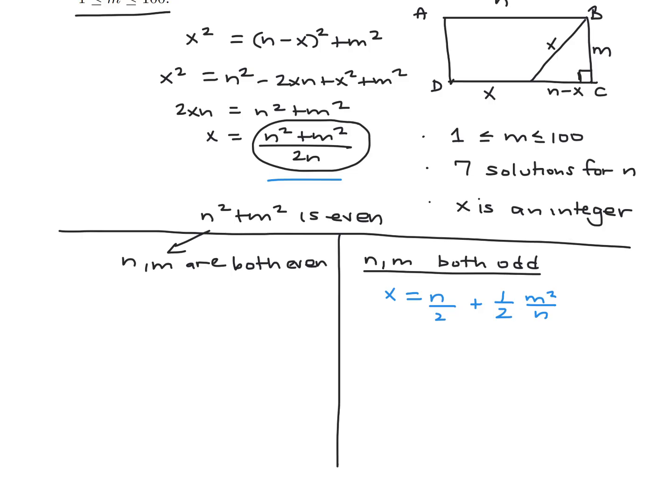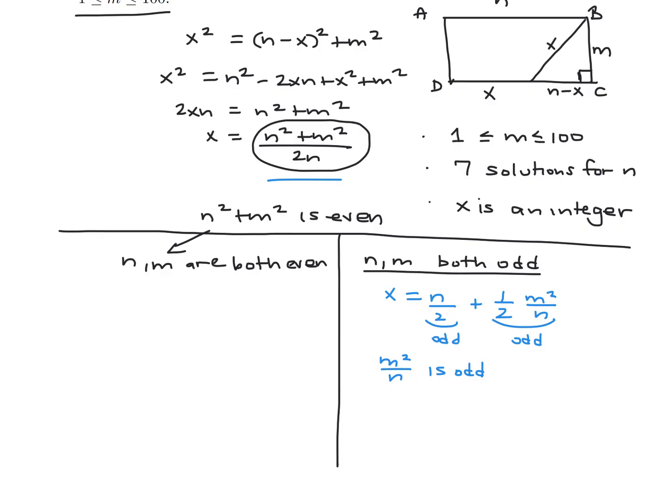Now, if x is an integer and they're both odd, the only way that would work is if this is odd and this is odd. So that would basically mean that m squared over n is odd.